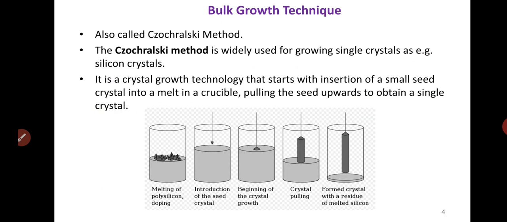Generally, the crystal is rotated slowly as it grows to provide a slight stirring of the melt and to average out any temperature variations that would cause inhomogeneous solidification. This technique is widely used in growing silicon, germanium, and some of the compound semiconductors.